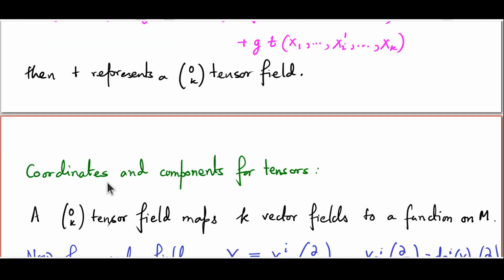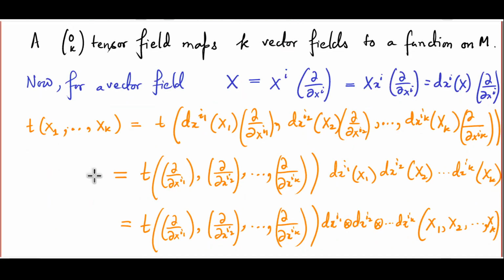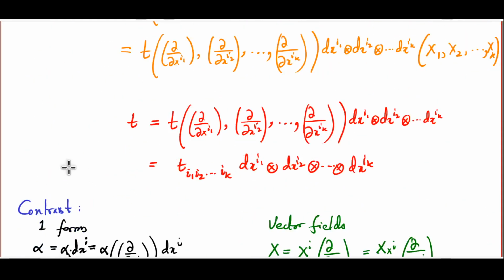Using the C-infinity multilinearity, we have already proven that a tensor T can be written down in this following form: T i1, i2, ik, a bunch of n to the k coefficient functions, times dxi1 tensor product with dxi2, tensor product with dxi3, and so on, all the way up to dxik. Now this is exactly what we had proven a while ago, so let me not repeat the proof all over again.